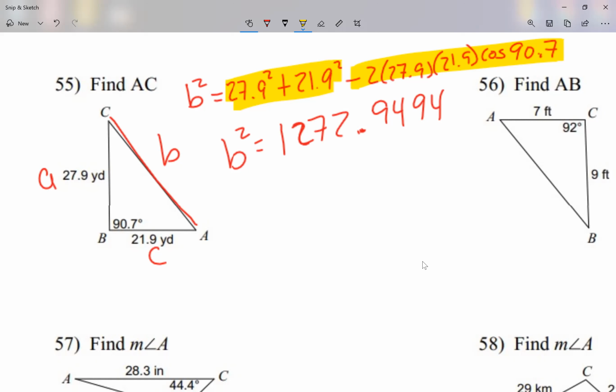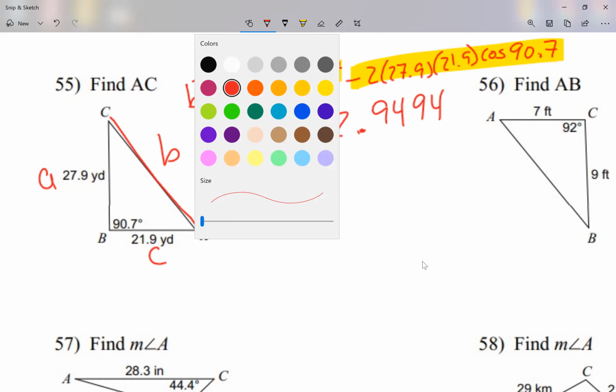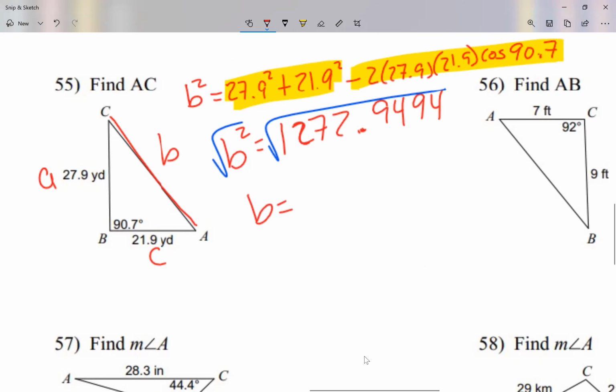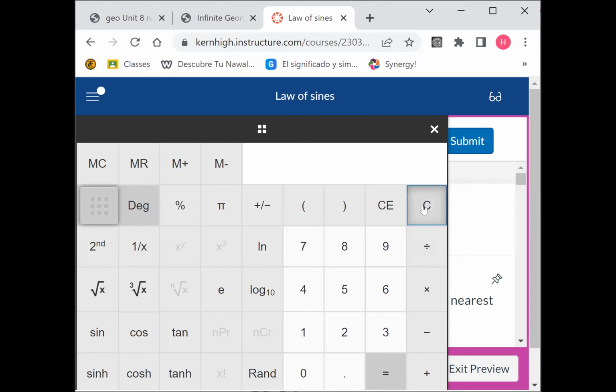All right, so now let me get the square root on each side. So I'm gonna do the square root of 1272.9494. 35.67.